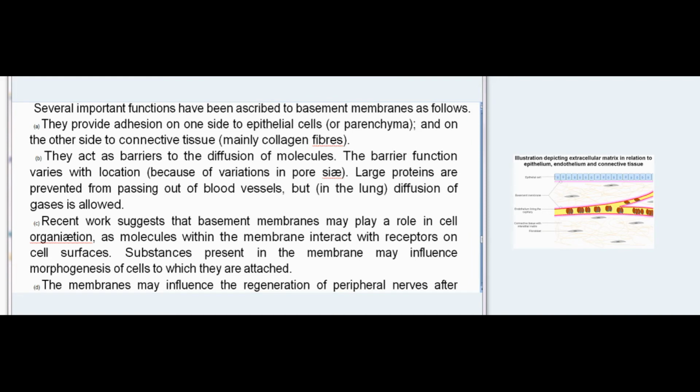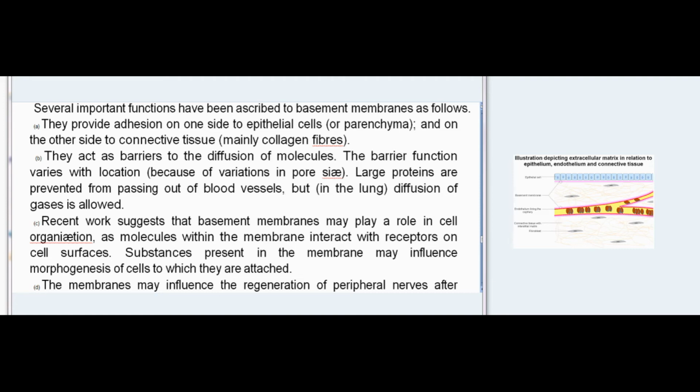A. They provide adhesion on one side to epithelial cells, or parenchyma, and on the other side to connective tissue, mainly collagen fibers. B. They act as barriers to the diffusion of molecules. The barrier function varies with location, because of variations in porosity. Large proteins are prevented from passing out of blood vessels, but, in the lung, diffusion of gases is allowed.